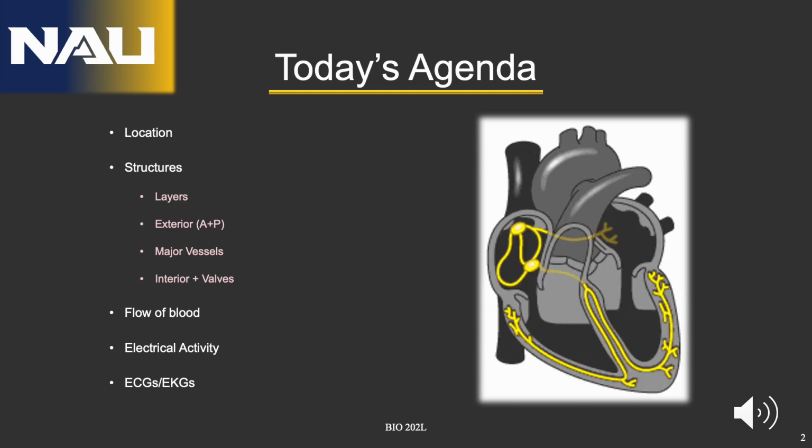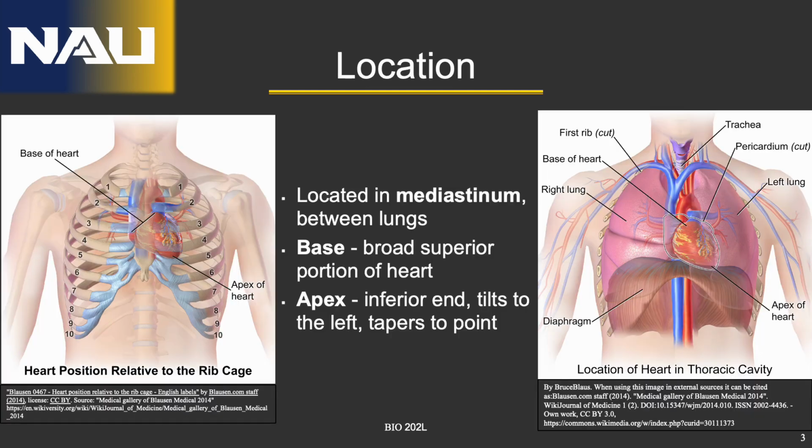So let's get started. The heart resides posterior to the sternum, within the thoracic cavity's mediastinum, slightly left of center between the lungs. The base of the heart, right here, is where the large vessels like the vena cava and aorta attach. And the apex, here, points down and to the left.